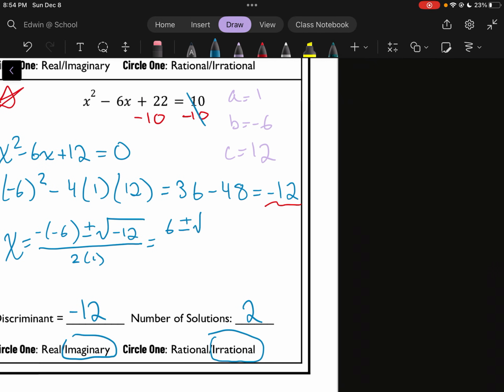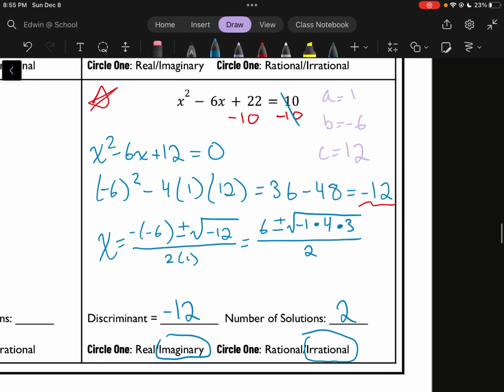So I know that we could replace negative 12 by negative 1 times, well, the biggest square that divides into 12 is 1, 4, 9. Well, it's just 4. And then the thing that's left over is 3. It's divided by 2.